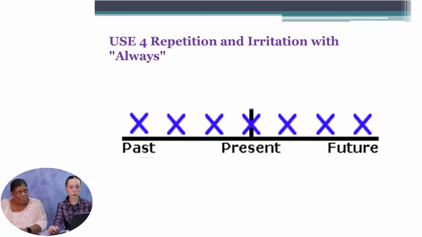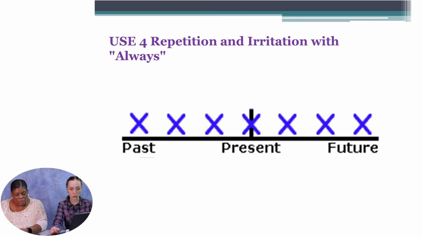Okay. Use number 4. Repetition and irritation with always. The present continuous with words such as always or constantly expresses the idea that something irritating or shocking often happens. Notice that the meaning is like simple present, but with negative emotion.